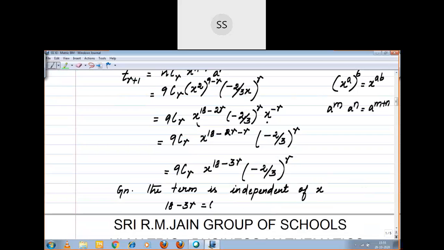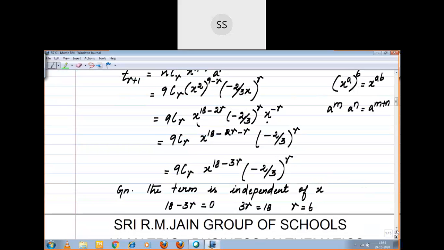So you are equating the powers of x. Now what can you get? 3r equals 18, r equals 6. Using the term is independent, we are calculating the value of r.